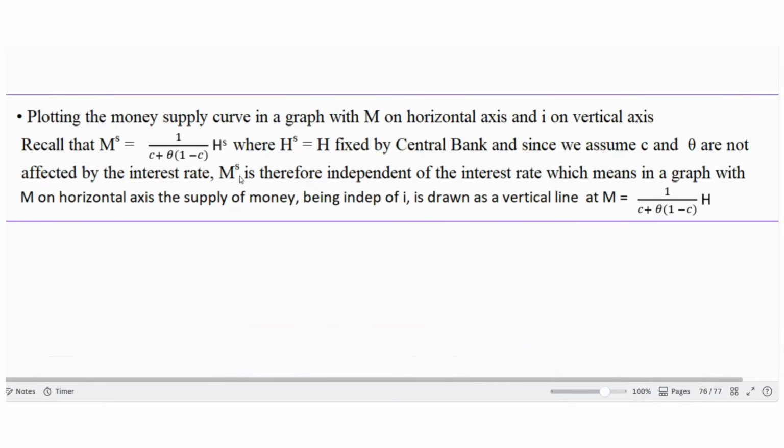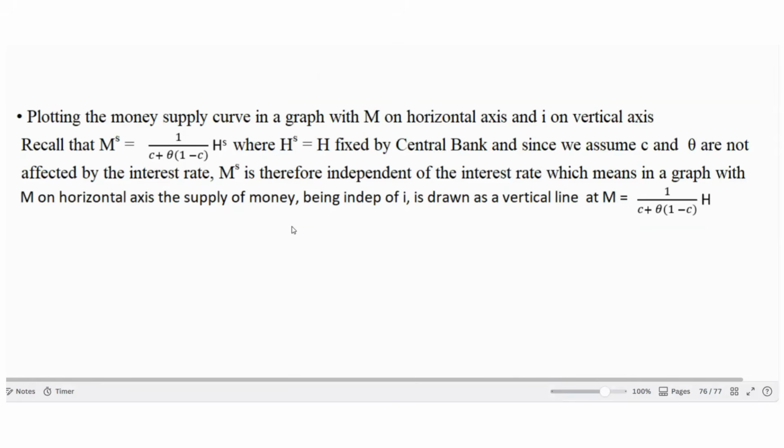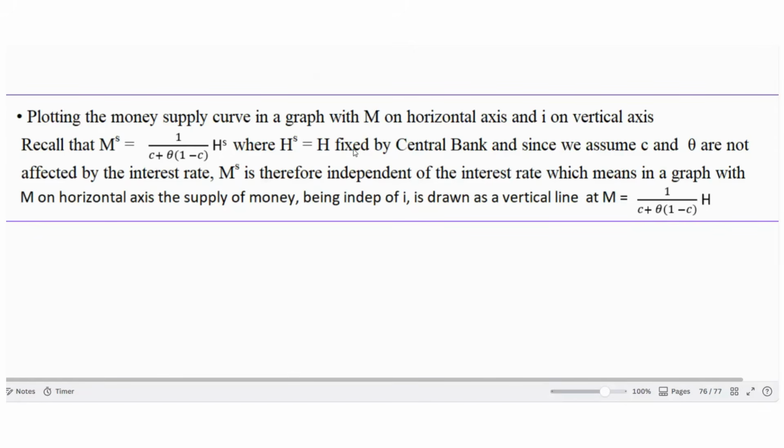So the overall money supply is independent of the interest rate, because the supply of central bank money is fixed by the central bank and in particular doesn't depend upon the interest rate, and assuming C and θ are not affected by the interest rate.